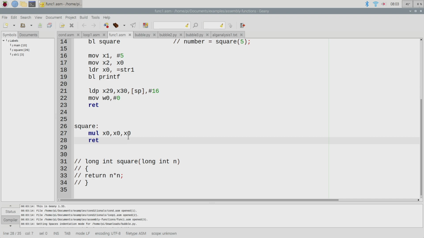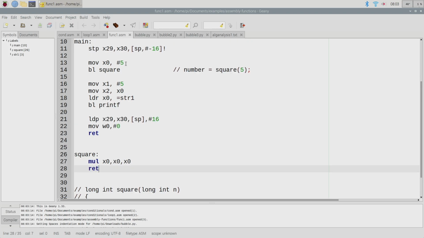Okay, so I had this function that all it's going to do is square a number. Nothing particularly glorious from a mathematical perspective, but we were doing this as a function.